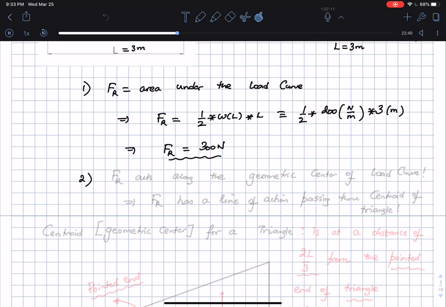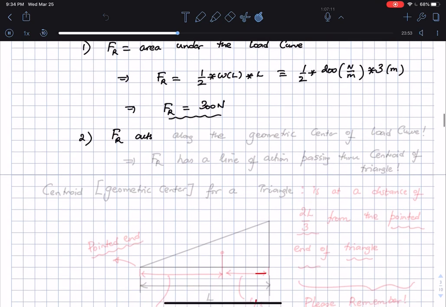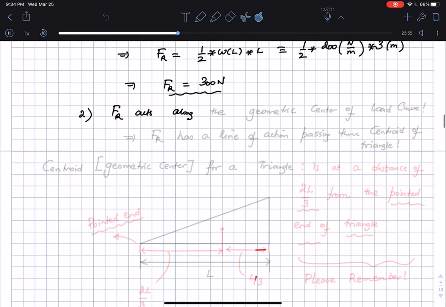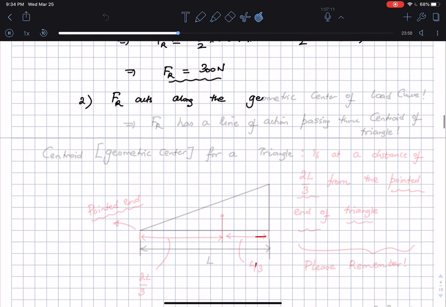The second thing is FR acts along the geometric center of the load curve. For a triangle, the geometric center is something that you have to remember. This is also something that we will look at when we hit the centroids portion of statics, which will be done towards the end of statics.